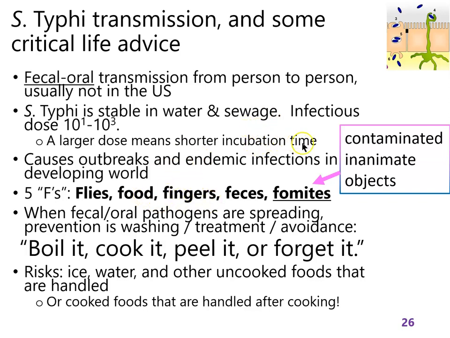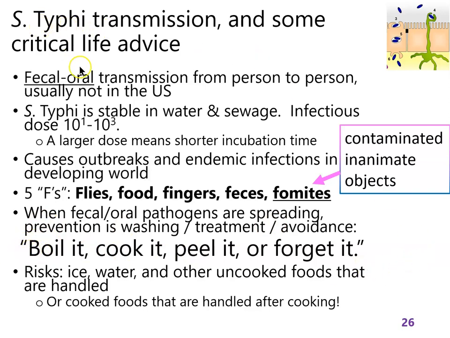But if you're in a place where you don't have access to good sanitation, you still have to eat. And so the best thing to do is to clean your own hands and cook your food. So this is the thing to remember. Boil it, cook it, peel it, or forget it. Boil it is what you would do with water.